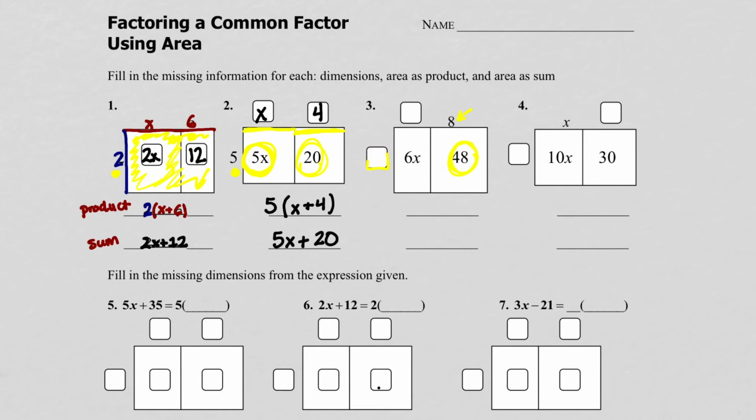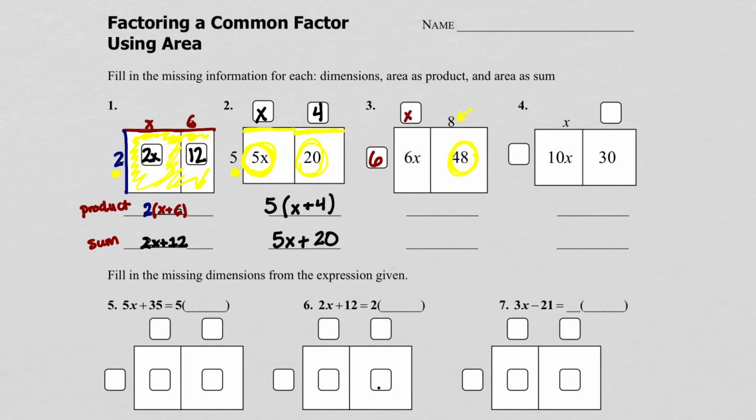That makes it a whole lot clearer because now I know I can't use the x there. If I use the x there, then this would be 8x, not 48. So I know my 6 has to go there. So if my 6 goes there, that's easy. Now 6 times what gives me 6x? That's just x.